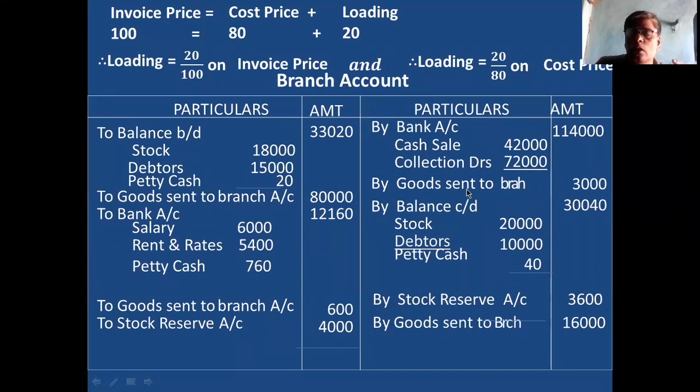Then return goods, return to head office loading comes on the debit side. Closing stock loading comes on the debit side. Okay, in this way you calculate. That is, loading is 20%. You see this, this is the loading 20%. 20% loading you have to calculate.